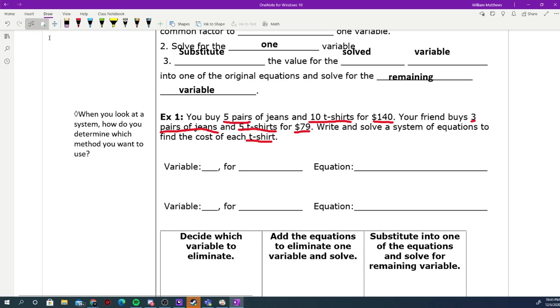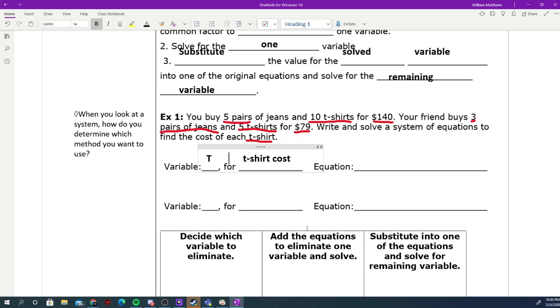So first things first, let's classify our variables. We'll use T for t-shirts, and this is referring to its cost.